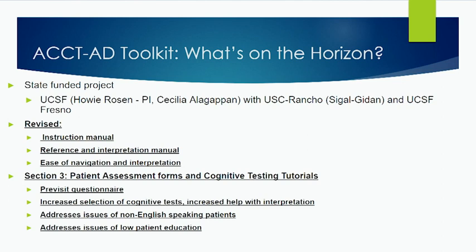There are some new forms. There's a pre-visit questionnaire that's still in beta testing, so if that's something that families or patients can fill out ahead of time, that's very helpful.